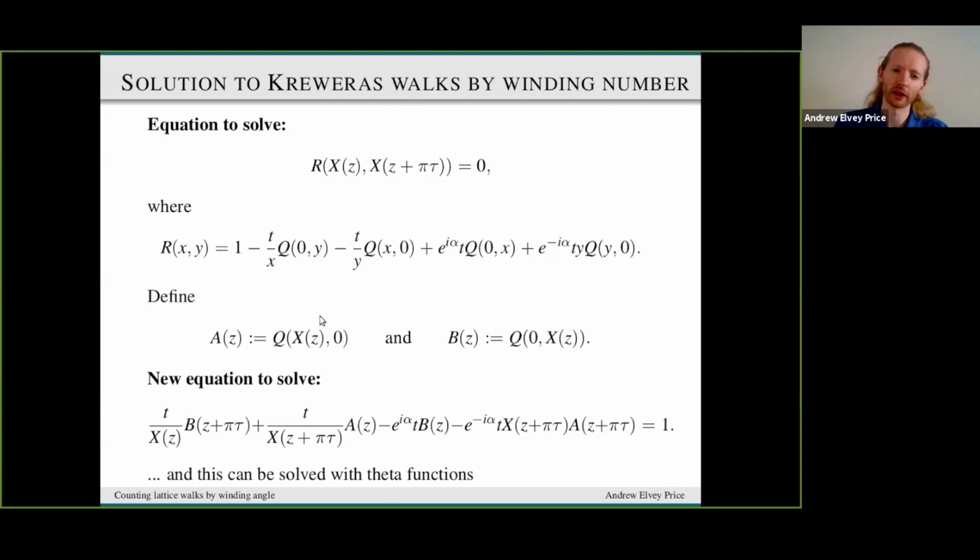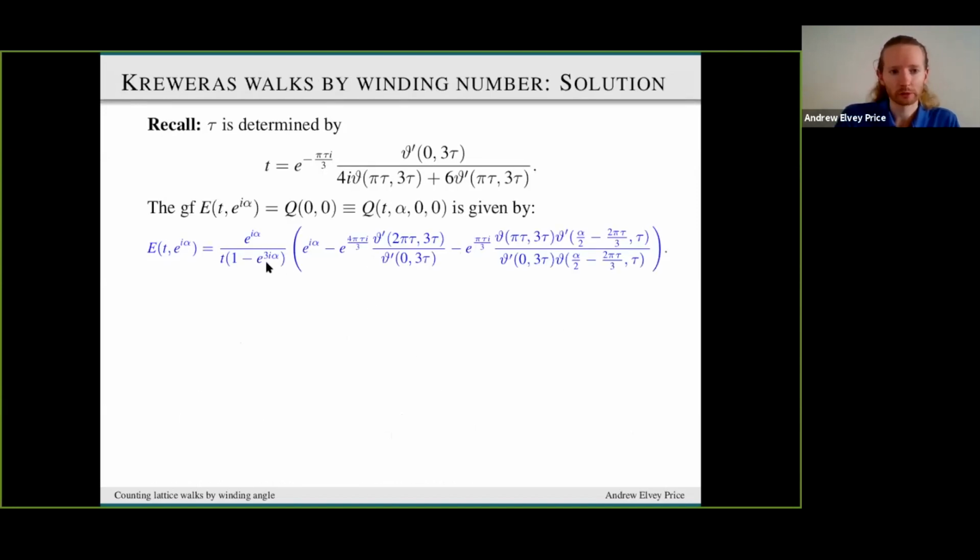I just wanted to point out the important thing here is that in the parameterization of replacing x with x(z) and y with x(z) plus pi tau, we can use the same function for both, just at shifted values of the input, because it means that we end up with the same functions in the final equation.